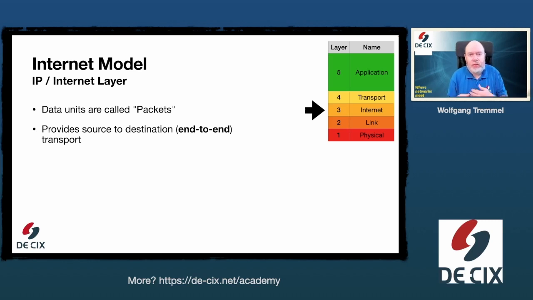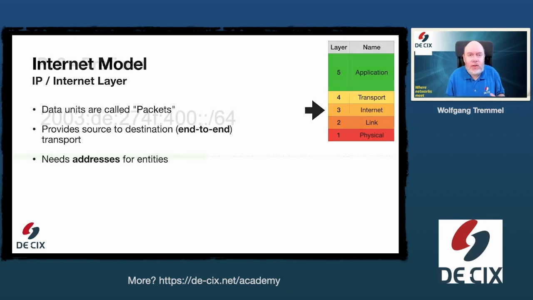So from here to Australia, from here to the US, from here to anywhere in the world where you want to send data. And of course, the IP layer needs addresses. Each entity, each host, each smartphone needs to have an IP address to transport data via the IP protocol. And for this, we have two types of addresses.